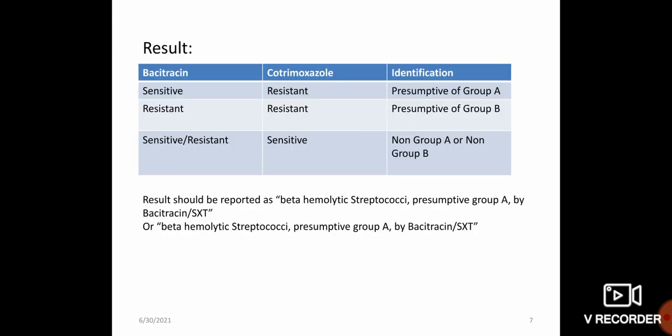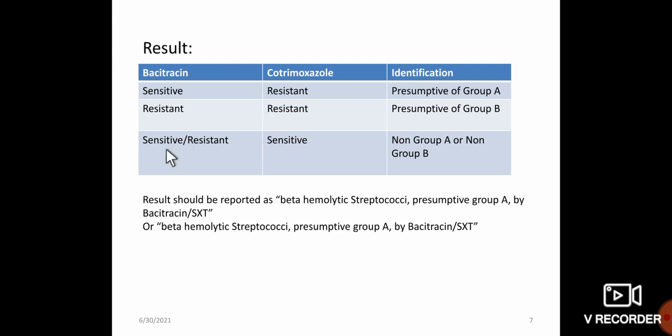Then we have to look for the sensitivity pattern. Suppose bacitracin is sensitive and cotrimoxazole is resistant, then we can report it as presumptive group A. Suppose bacitracin and cotrimoxazole both are resistant, that is presumptive group B. Note down, bacitracin sensitive is group A and bacitracin resistant is group B, along with both being cotrimoxazole resistant.